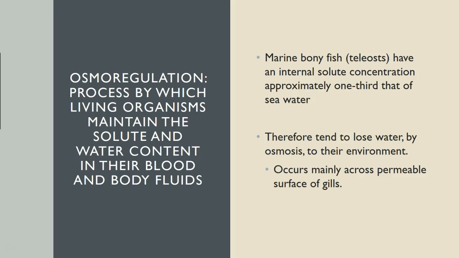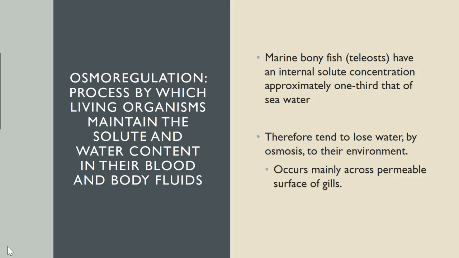Again, osmoregulation is when organisms maintain the solute and water content in their bodies. Marine bony fish live in most seas and oceans, where the water surrounding the fish has a higher salinity than the cells inside of the body fluids.